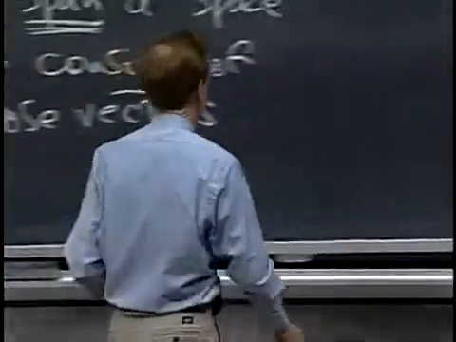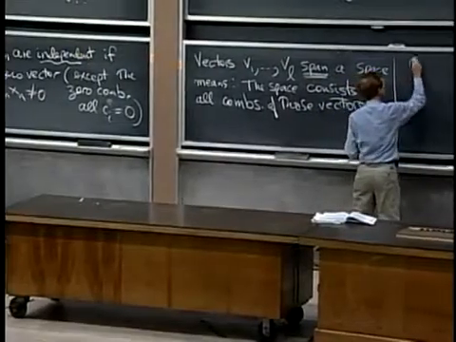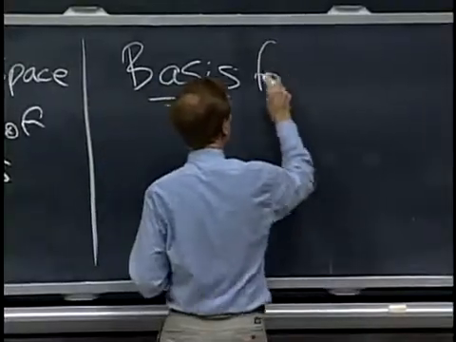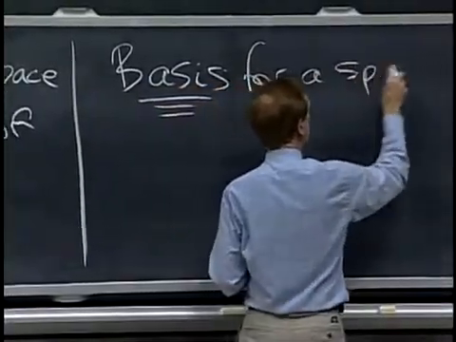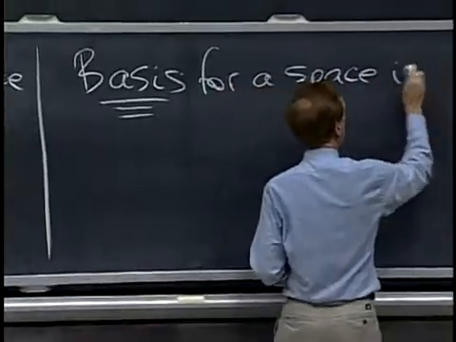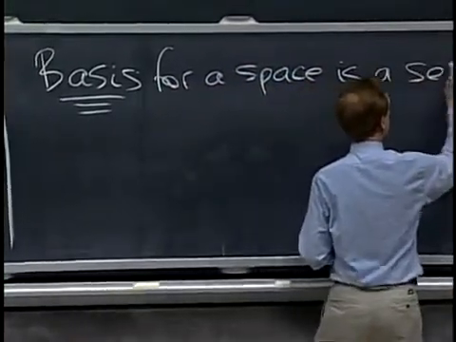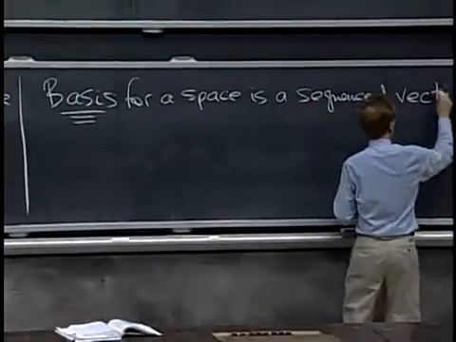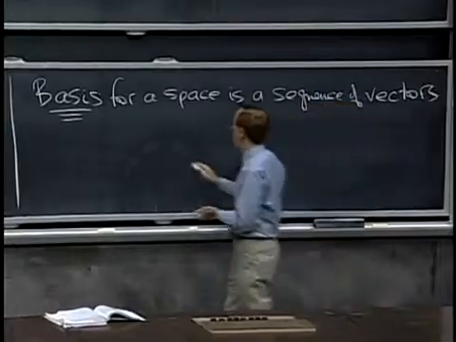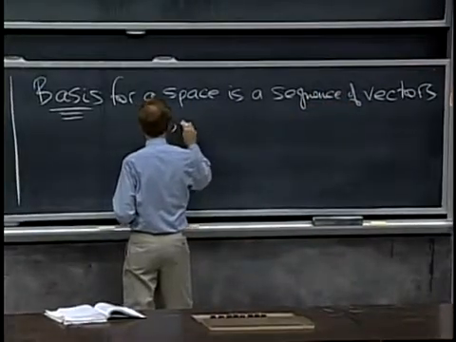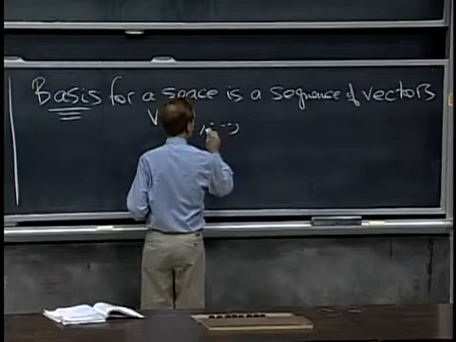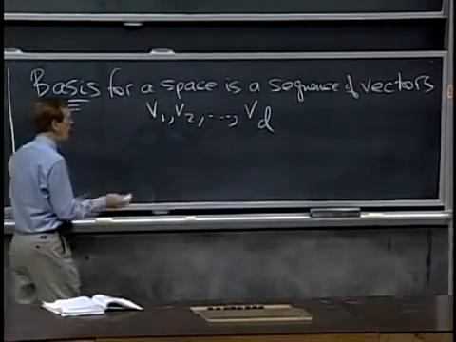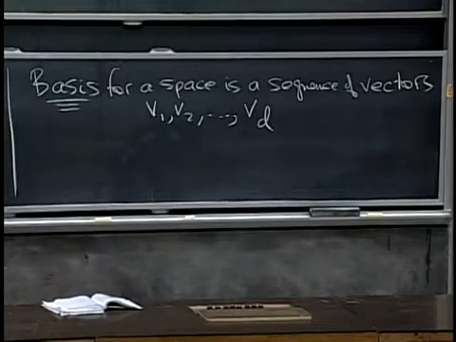So here, let me put what that word means. A basis for a vector space is a sequence of vectors, shall I call them V1, V2, up to, let me say, VD now. I'll stop with those letters. That has two properties.